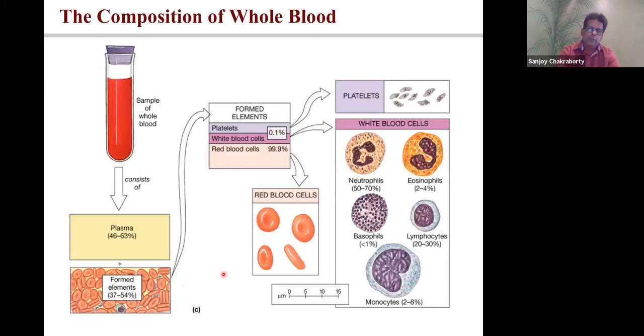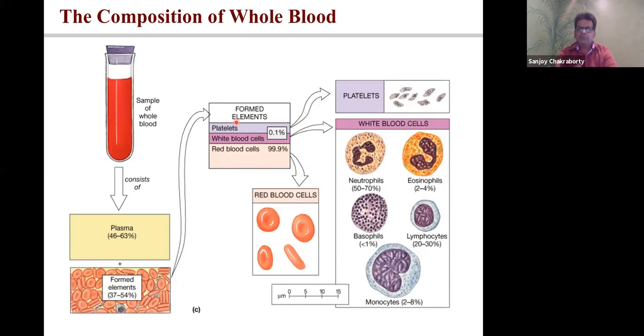Now, if you look at the formed elements, the cells, 45% of the blood is cells. Of those cells, red blood cells are about 99.9%. So they are the majority. And then about 0.1% is platelets and white blood cells. They're in thousands, while red blood cells are in millions.